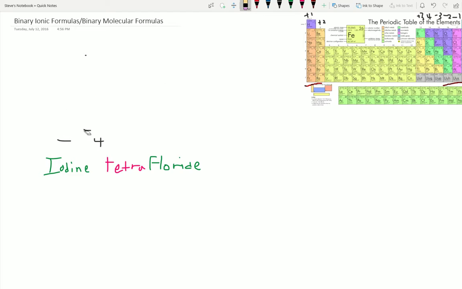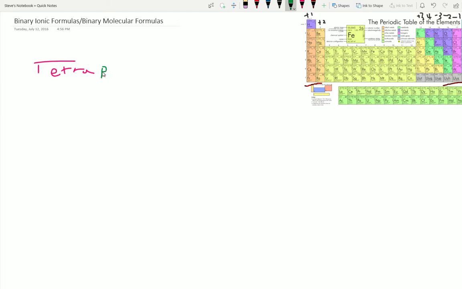Next, let's take a name and turn it into the formula. Here we have tetraphosphorus decoxide.